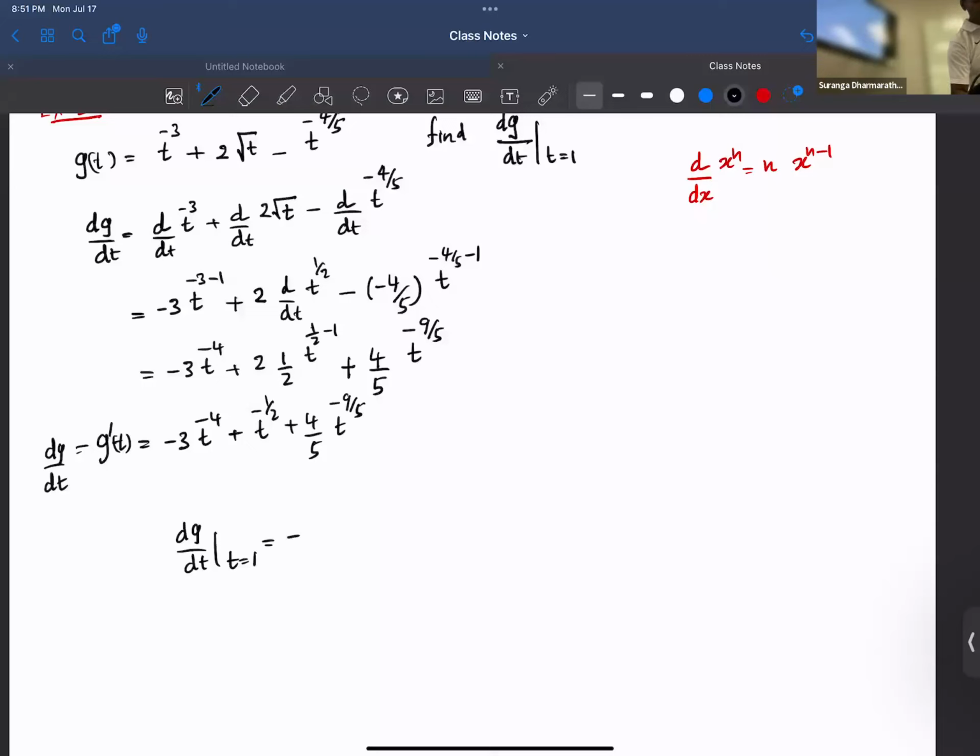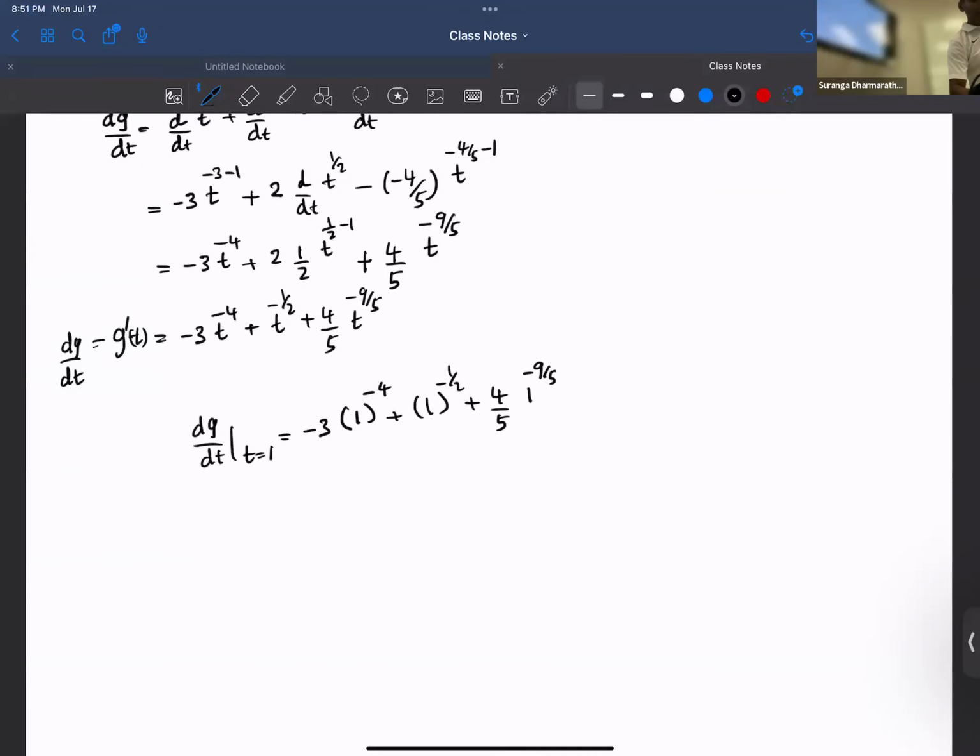So you have -3 times 1 to the power -4, plus 1 to the power of half, plus 4/5 times 1 to the power -9/5. This is -3, because any power of 1 is equal to 1. Plus 1, plus 4/5.